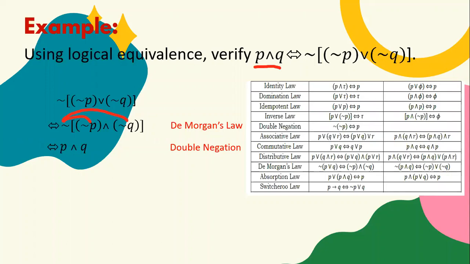Okay, dito sa De Morgan's Law, negation of P or Q. Okay? Kung titingnan natin dito, di ba they are both negative?